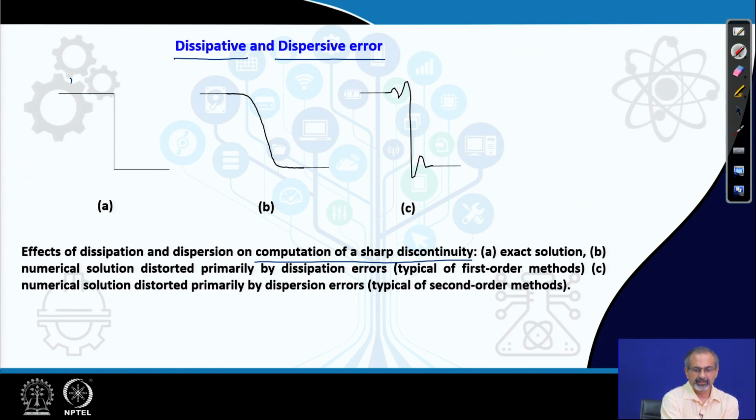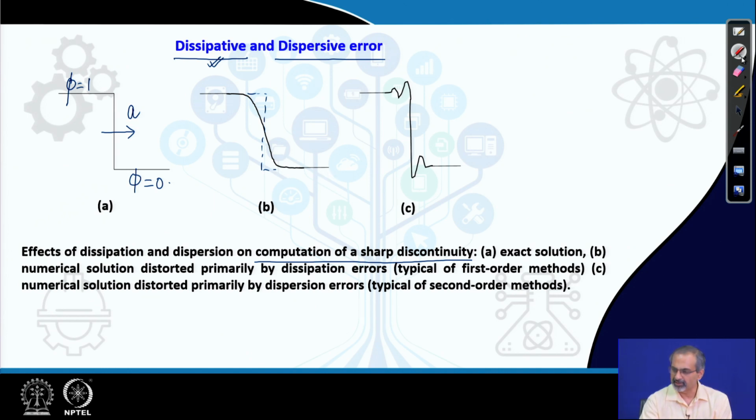So, let us say this is looking at transport of property phi through the domain, where there is a jump in the property phi at a certain location, and this whole structure is advecting at some velocity, let us say a. So, if you want to numerically compute it, how would it look like? After a while, if the scheme has more of dissipative error, the sharp jump will be kind of damped.